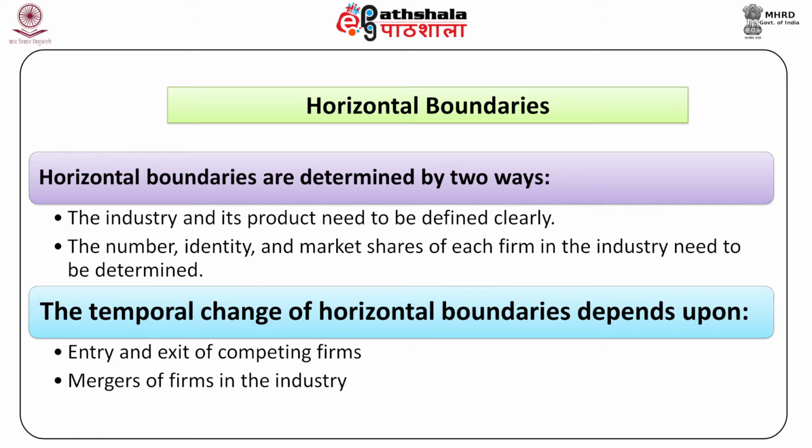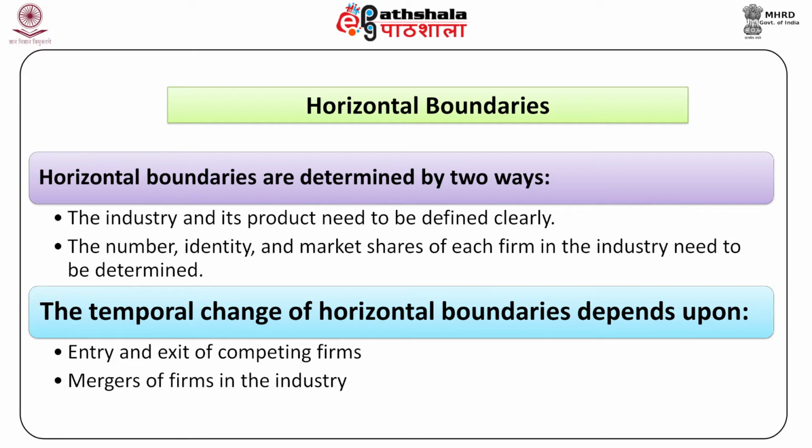So, the temporal change of horizontal boundaries depends upon entry and exit of competing firms. Secondly, mergers of the firms in the industry. If some firms exit the industry, or if the firms merge, then horizontal boundaries widen or expand. The expansion of horizontal boundaries leads to an increase in industry concentration, resulting in higher profits.